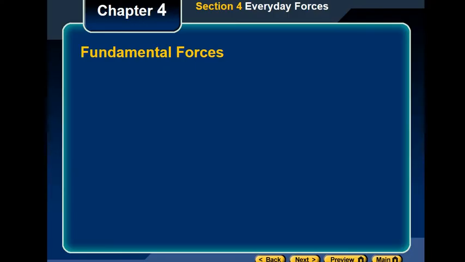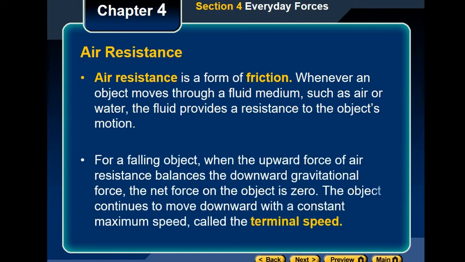When the net force equals 0 and there is no acceleration, and the object moves with constant speed, this maximum speed is called terminal speed, the maximum speed when the object moves at constant speed and the net force equals 0.